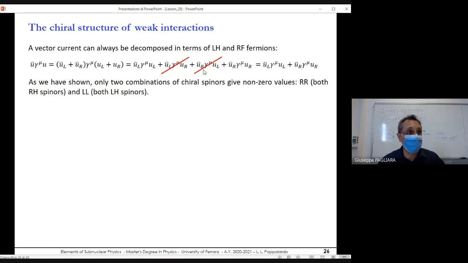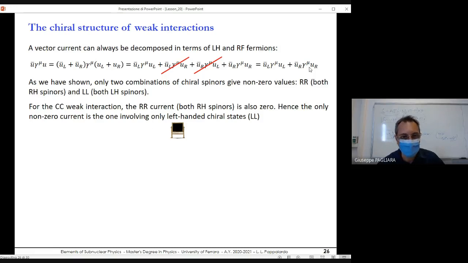This was for QED and also QCD. But in the charged current weak interaction, as I will show in a moment, the right term also goes to zero. In other words, only the left term survives in the charged current weak interaction. So let's see why.